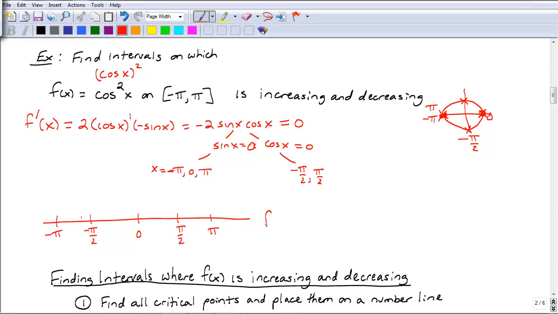And I'm plugging these in to the derivative, which is negative 2 sine x cosine x. Well, when I plug points in, it can help to think about the unit circle as well. A point between negative pi and negative pi over 2. And we know at the pi over 4 points, we get root 2 over 2 when we plug in sine and cosine for any pi over 4, 45-degree reference angles.